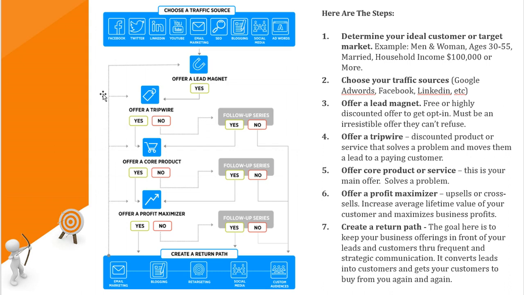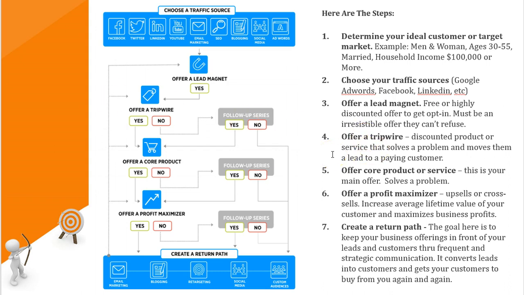So if you're offering a discount of, say, $50 off, or you're offering a free white paper, a free checklist, these are all examples of a lead magnet. So something where they get high perceived value from it. Okay, and we're going to go more into detail in terms of what a lead magnet is. But for now, it's simply an irresistible offer that they can't refuse.